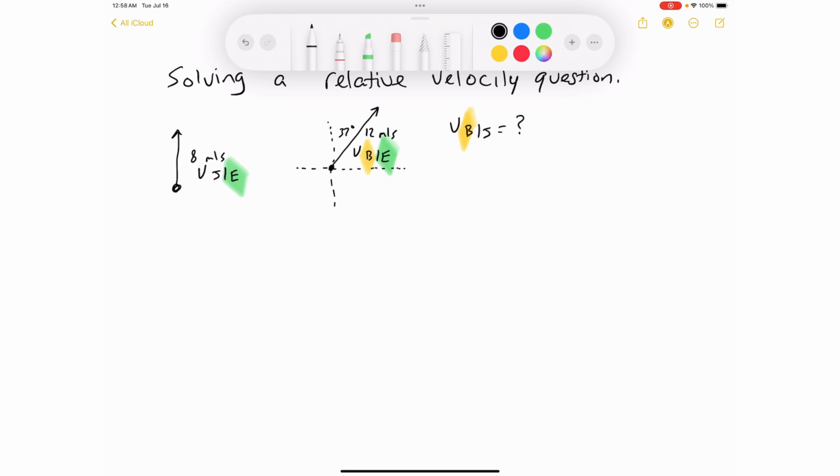So now that I know that, I can say the velocity of the ball relative to Earth, which is that middle one there, is equal to just the other two vectors. Now you can write them any way you want to. You could put J slash E or V B slash J. It doesn't really matter how you add vectors.